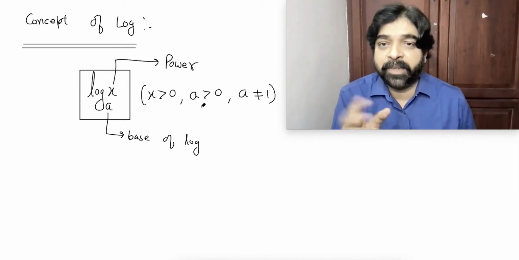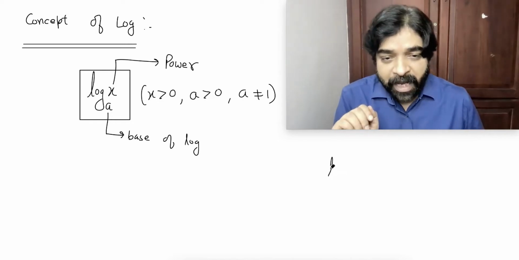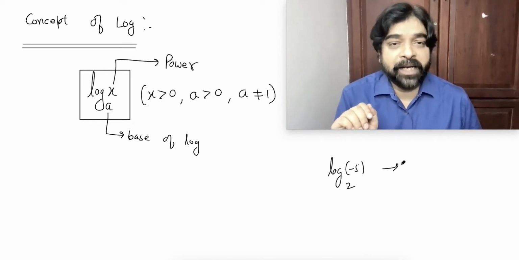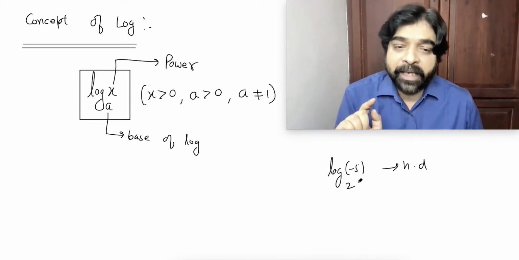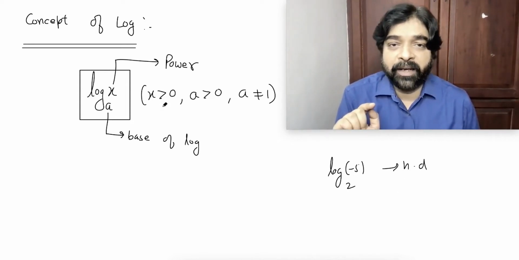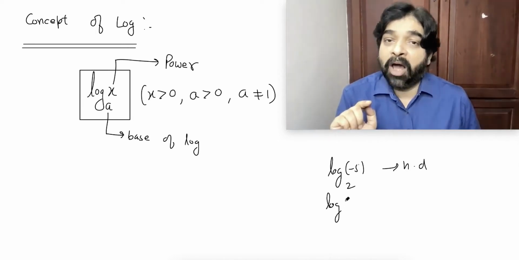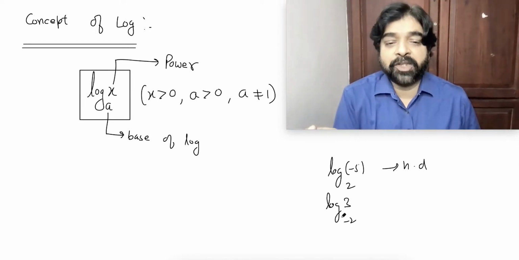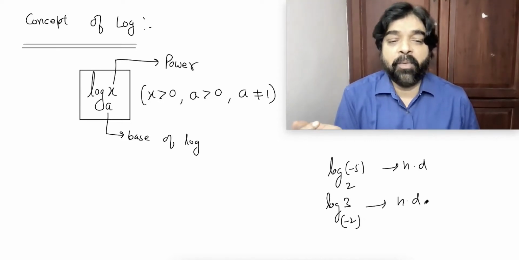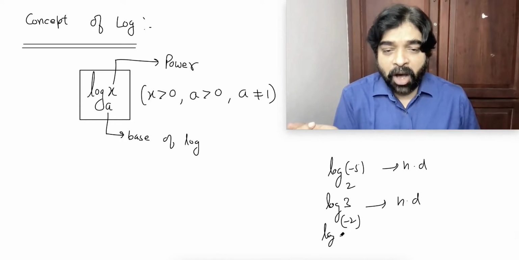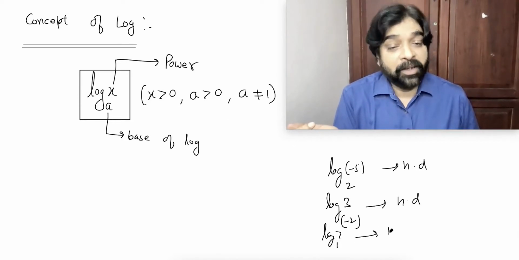Suppose somebody asks you, what is the value of log minus 5 base 2? I will say it's not defined because here this condition fails. Power becomes negative. If I say log 3 base minus 2, this is also not defined. Why? This condition fails. If I ask you log 7 base 1, not defined.